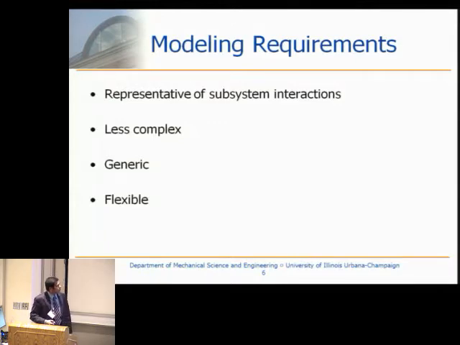Apart from that, we would also like the model to be generic, meaning that it should be representative of a wide variety of these systems, whether it be heating systems, cooling systems, or large scale, small scale. So it should be pretty widespread. And then the last thing we would like the model to have is flexibility, meaning that if there are some physical changes done to the actual system, like you add a component or remove a component or change the operating conditions, it should be easy to update the model correspondingly.